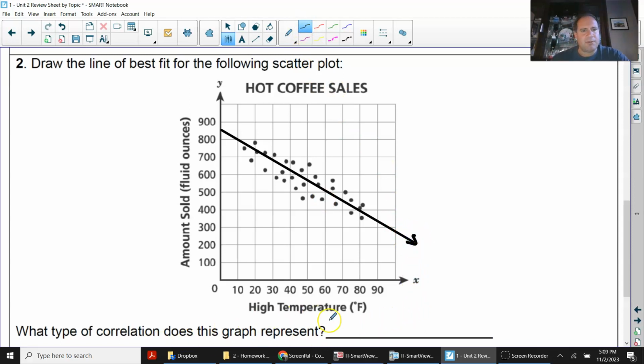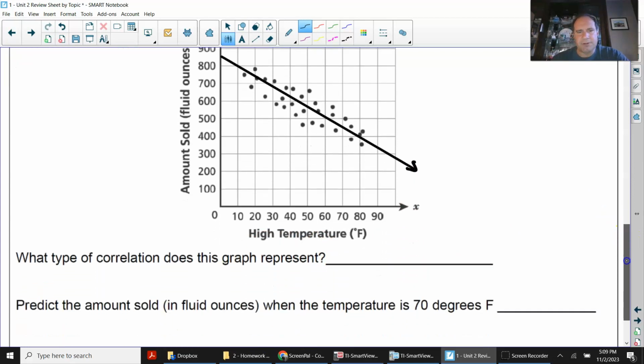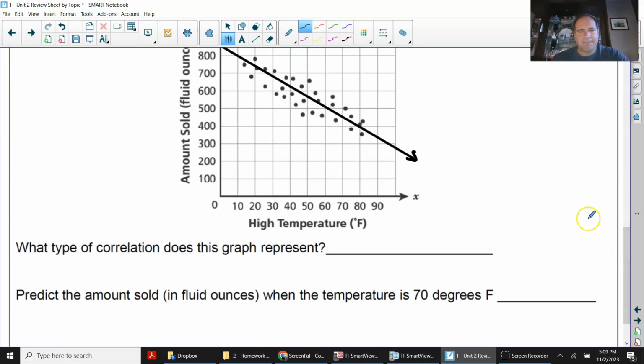And what type of correlation does this graph represent? This is definitely a negative correlation. You could say that it is a weak correlation. It is a weak negative. It is further away from the trend line, but not so much. If they were asking you weak or strong, strong would be a little bit closer to the trend line.